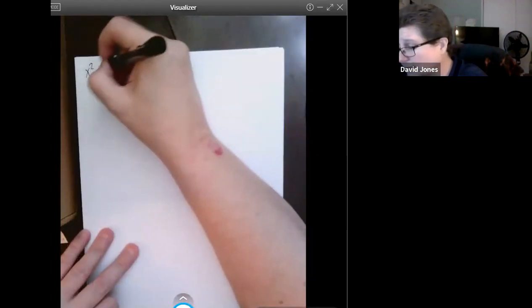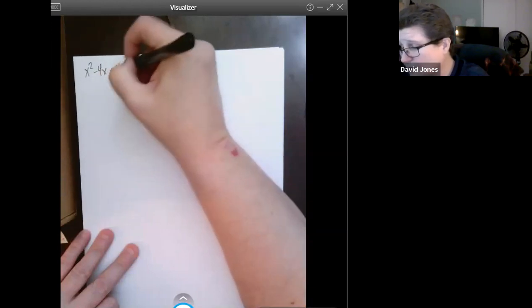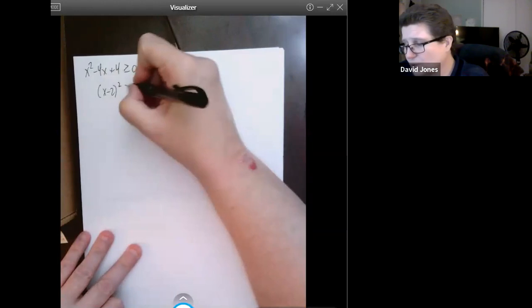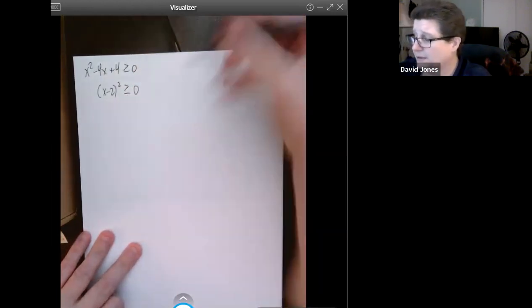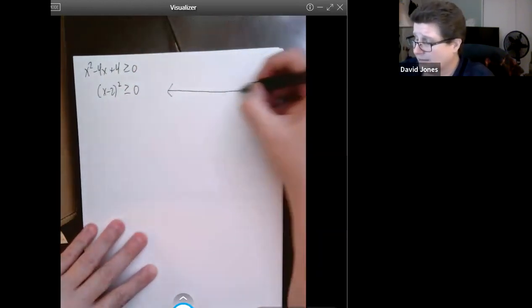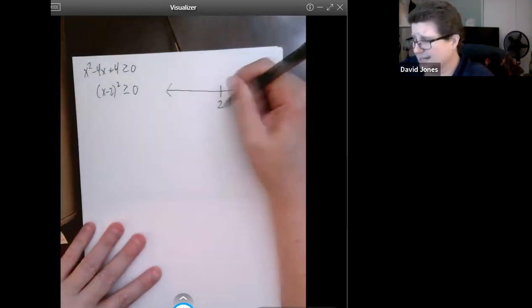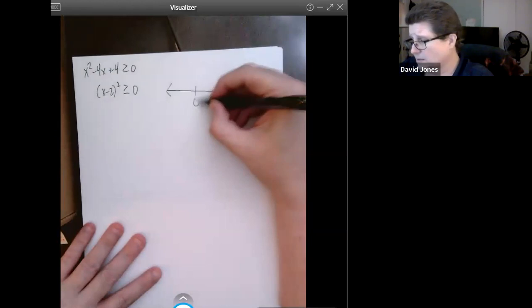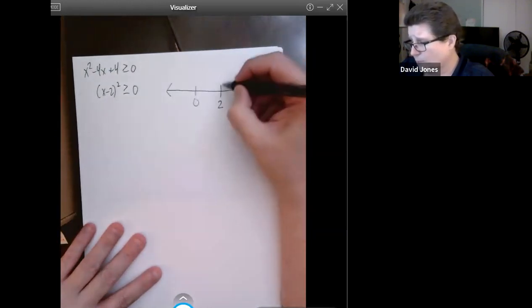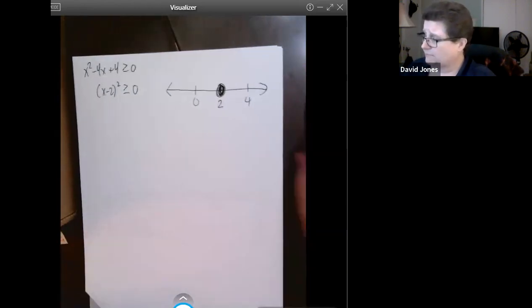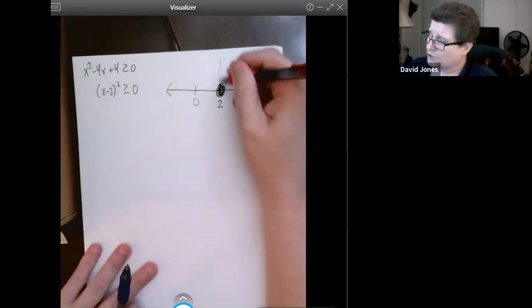X squared minus 4x plus 4 is greater than or equal to 0. That was x minus 2 squared is greater than or equal to 0. That's going to be always true, but we can test it. Put a circle on the 2 and I fill it in. And I test each region. I'll use 0 and 4.